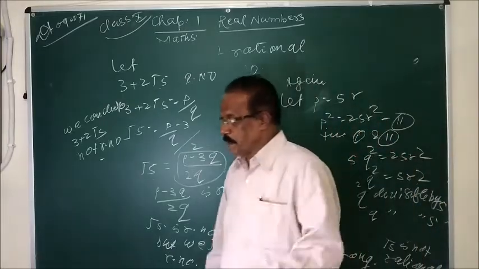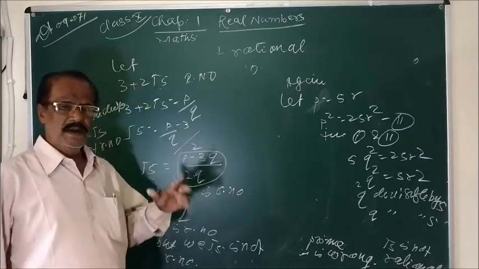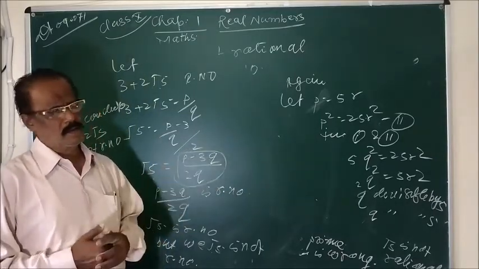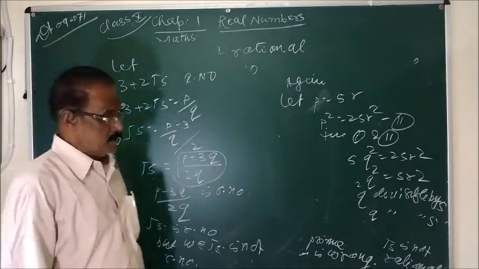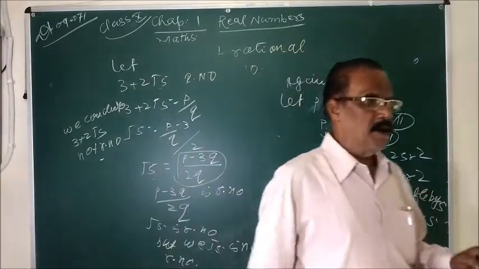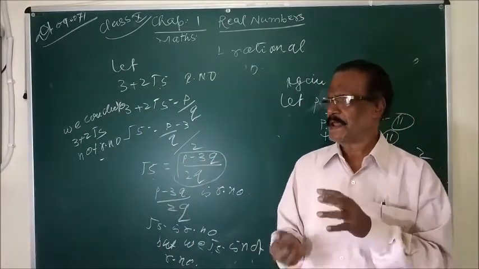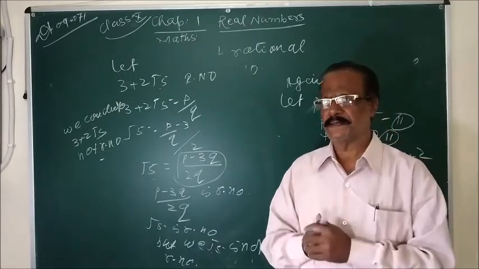Therefore it is an irrational number. Understand? So these are some questions, and I am sure you will try to solve them. And once again, I would like to remind you that Euclid's division lemma has been removed from the syllabus. It has been removed from the Real Numbers chapter.